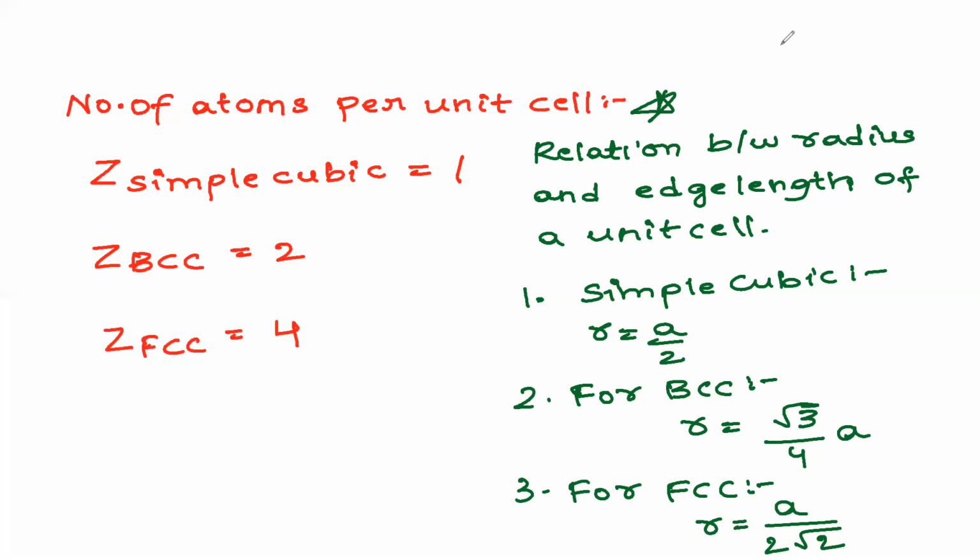Now we'll start the numericals. You see question number 1, model number 1. How will we get questions based on this concept, density and radius? Question number 1.